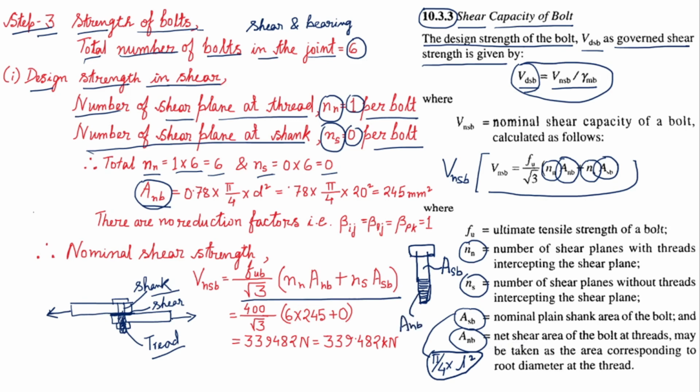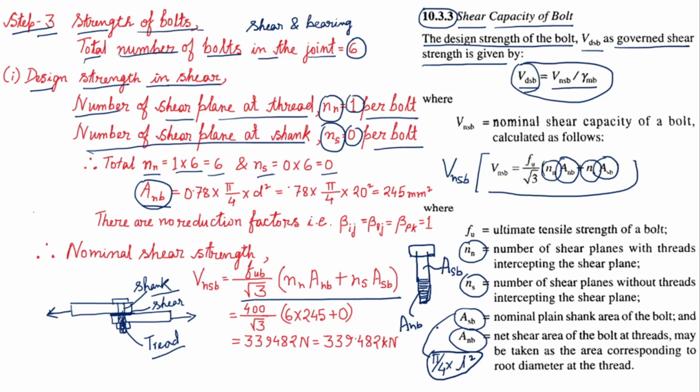ANB is the net shear area of the bolt at the thread, which may be taken as the area corresponding to the root diameter at the thread. So the area of the bolt at the level of thread is ANB.